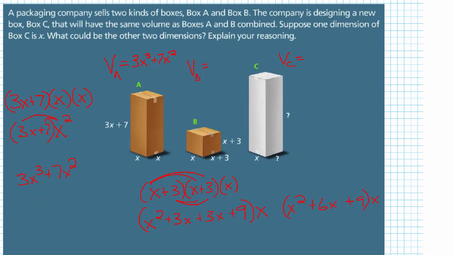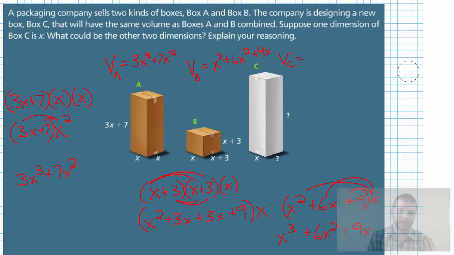Before finally distributing the x to all three terms in the trinomial. To find the volume of box B.